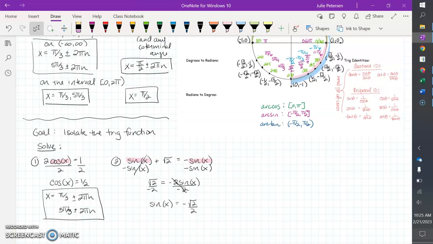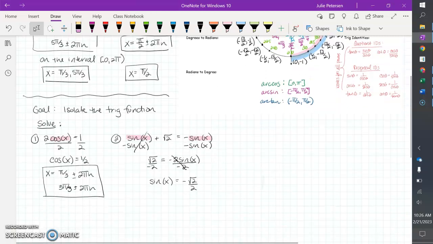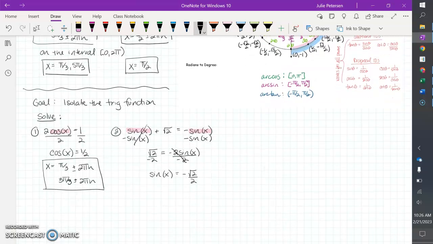Negative root 2 over 2. And I see that happening at 5 pi over 4 and at 7 pi over 4. So I'm going to say x equals 5 pi over 4 and 7 pi over 4. And then if I want to get all those solutions, I have to say plus or minus 2 pi n. And that gives me all the possible solutions.